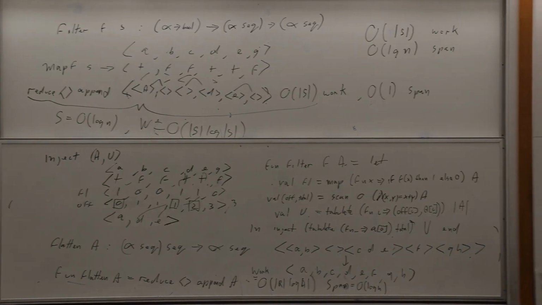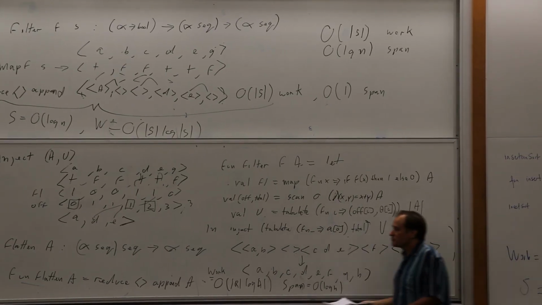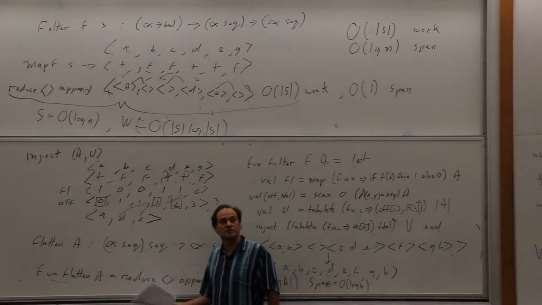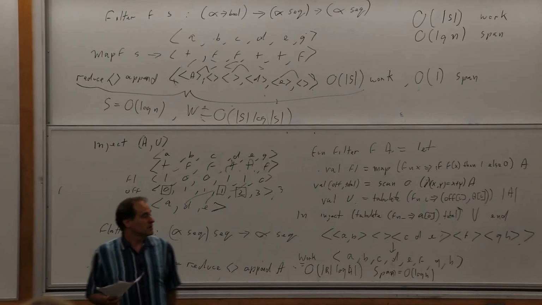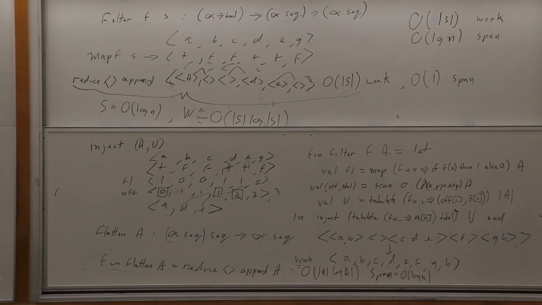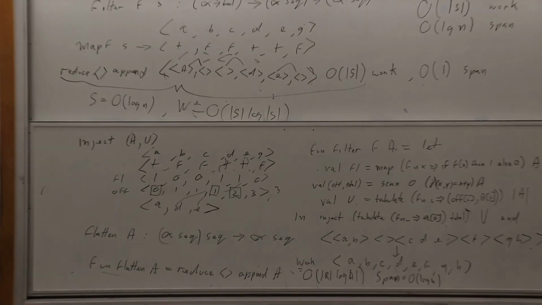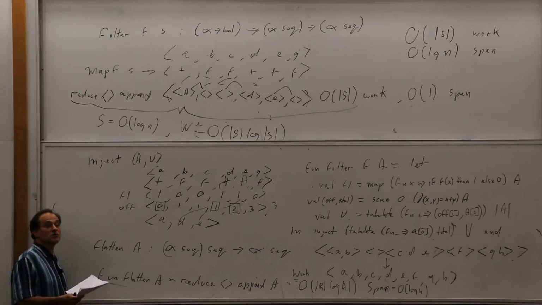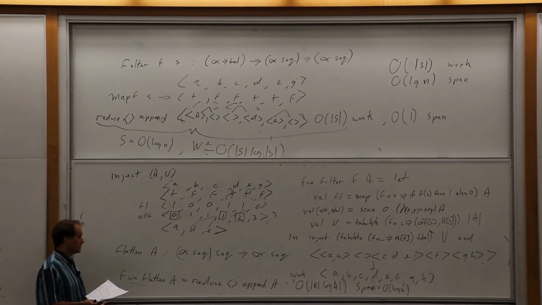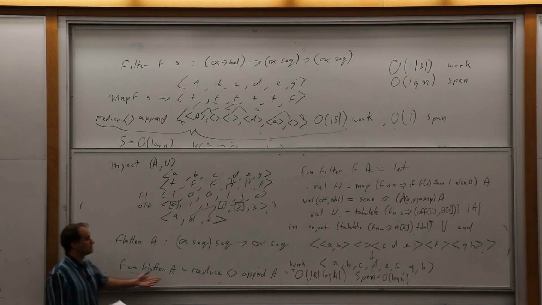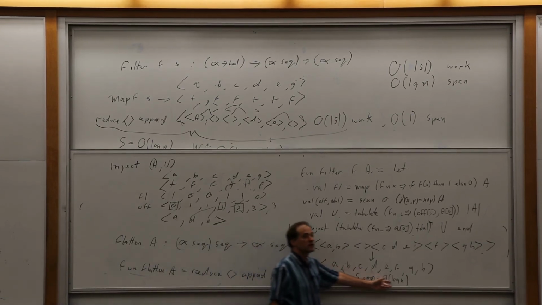So the thing to notice here is that once we have reduce and these different things, we can very easily build up more interesting operations. In this case, it might not be perfectly optimal in terms of work, but it's certainly a very easy way to write it. And it's very parallel. In terms of the span, this is as good as we can possibly get, this log n here.